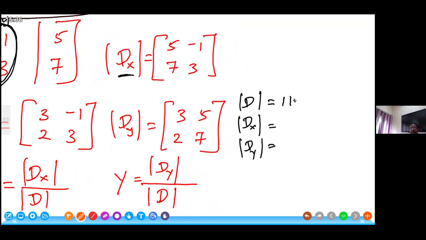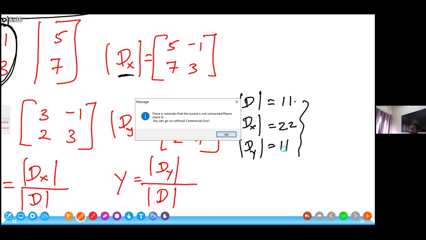No, first get the values here, then we will solve it later. What is the determinant? Determinant of dx is 22. Determinant of dy is 11.